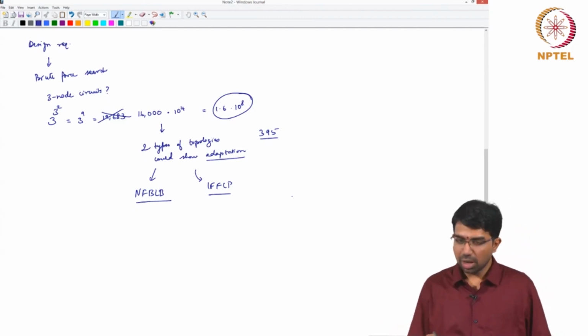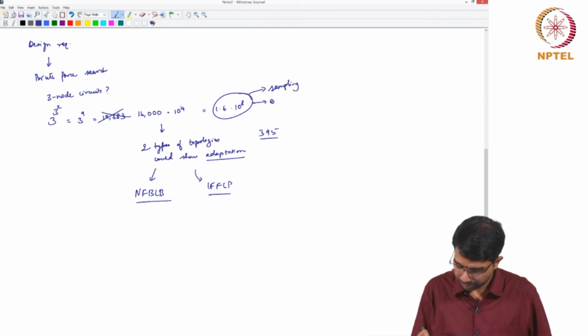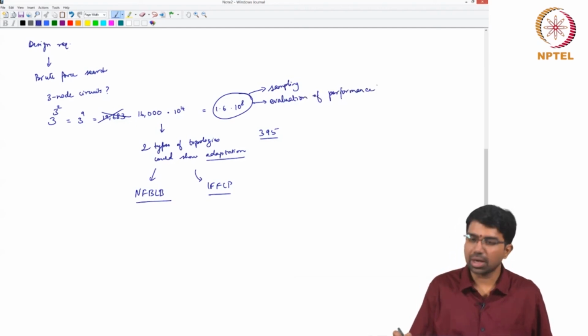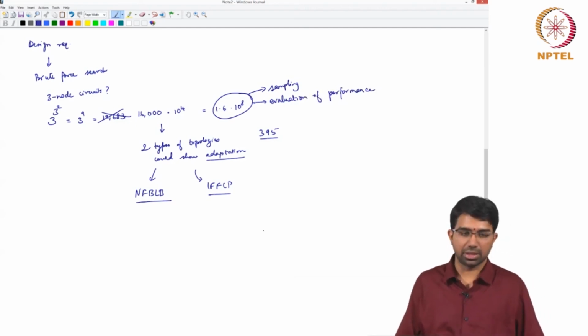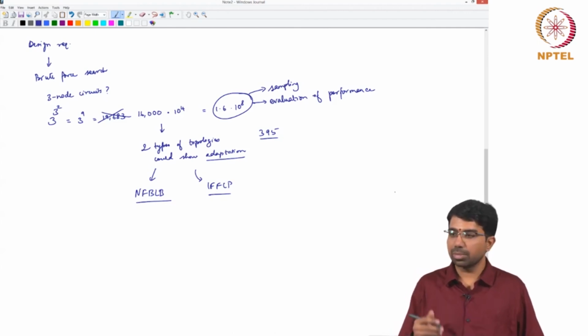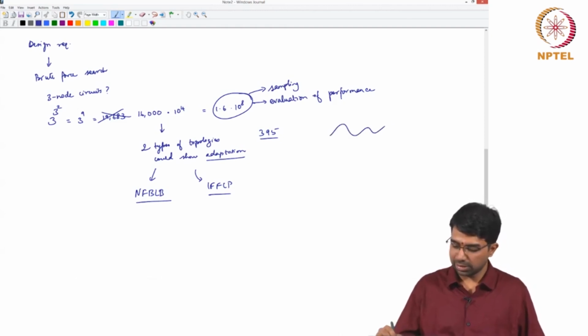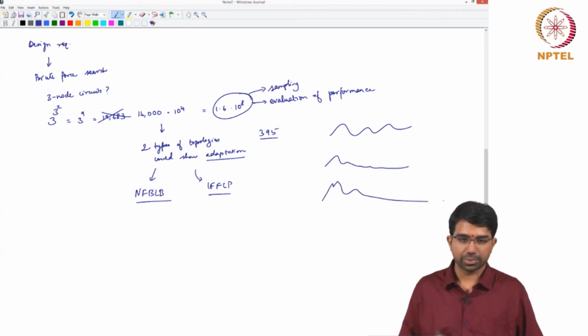Right. So, in all of these cases they had to do some sort of sampling and evaluation of performance. There are papers which have previously done this for say circadian oscillators, right. In circadian oscillators you again set up some sort of a system, and then you sample parameters and then evaluate. Evaluation is easy, you just find out if it oscillates or it just damps out or you get nothing, right.